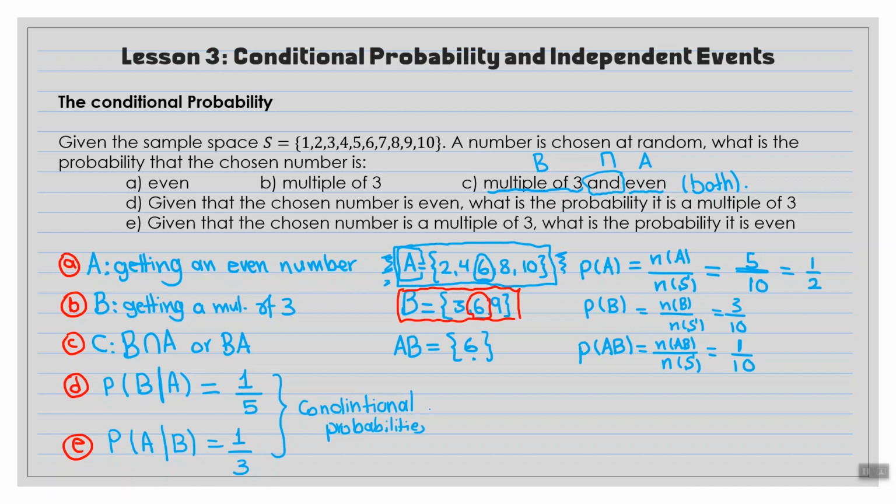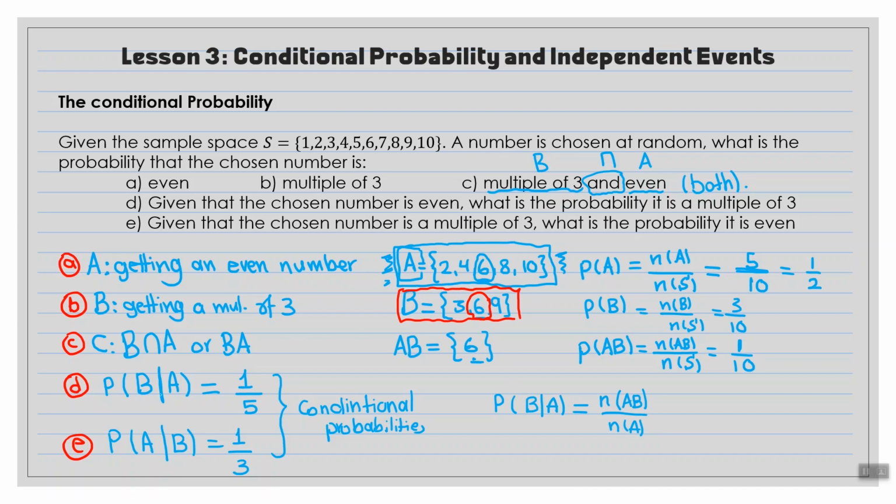Now, I want you to notice something. In the probability of B with condition of A, we have calculated this probability by calculating the number of the elements in AB, right, which is one number, over the number of elements in A, which were 5 numbers.